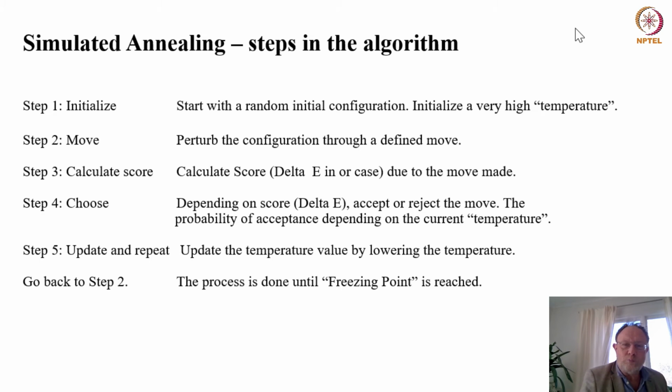And then you propose a change, a move, or a change of the configuration. And then you calculate some score. In our case, it's the delta energy, if we still keep to that property of the Hopfield network that we inherit.